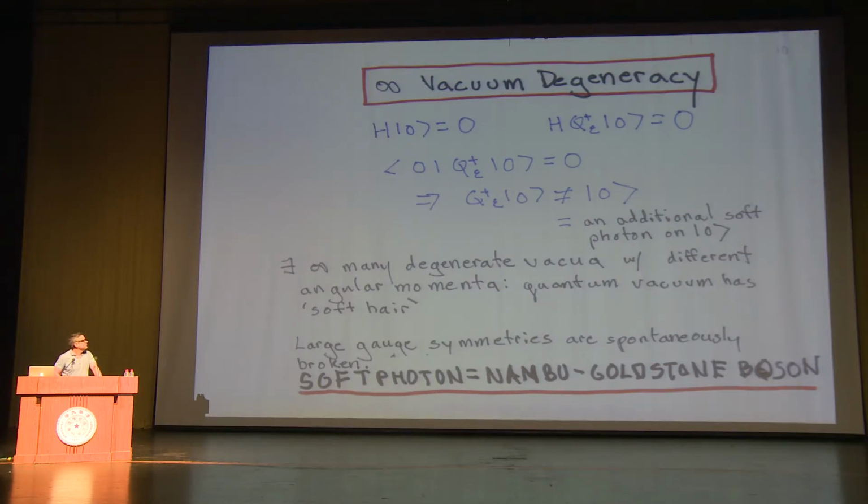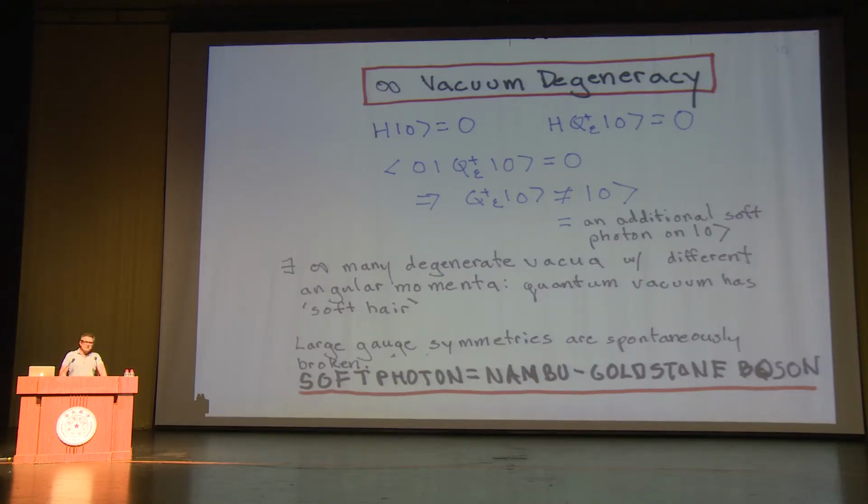So if we have any state that's annihilated by the Hamiltonian, namely a vacuum state, and we act on it with Q, we get a new state which is also annihilated by the Hamiltonian, but it's not the same state. In fact, it has different angular momentum. We've added a photon, and it's orthogonal to the original vacuum state.